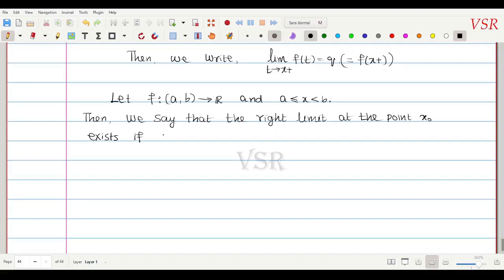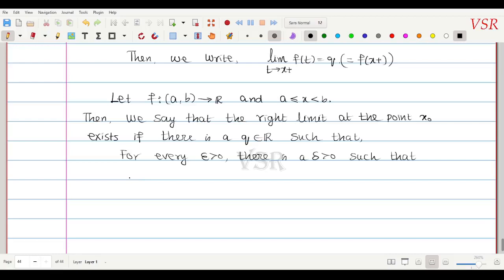there is a q belonging to the real numbers such that for every epsilon positive there is a delta positive such that x, which is strictly less than t, which is strictly less than x plus delta, of course my t belongs to open interval a comma b, this must imply that modulus of f of t minus q is less than epsilon.